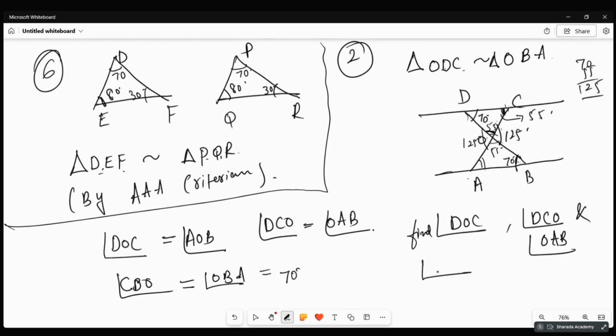Yeah, everything is there. You can write DOC is 55. DCO, so this is also 55 degrees. And OAB, that is also 55. Okay. Write down this. Try the third one.